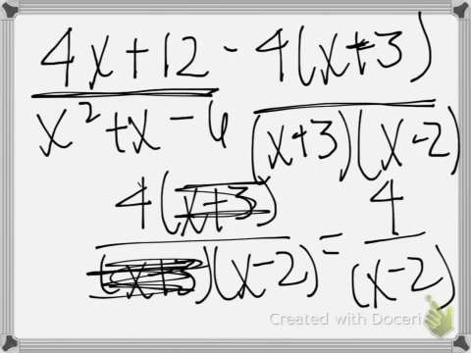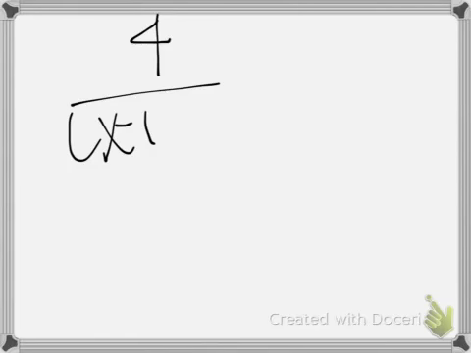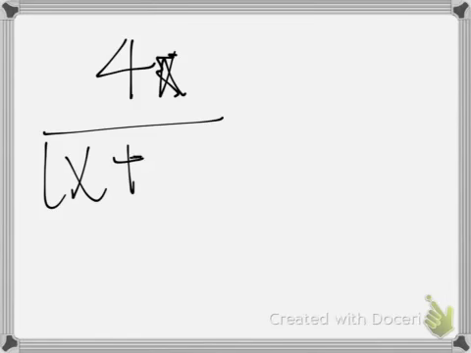Okay, now for the vertical asymptote, you find what makes the denominator equal to 0, basically. So you just have 4 over x minus 2.